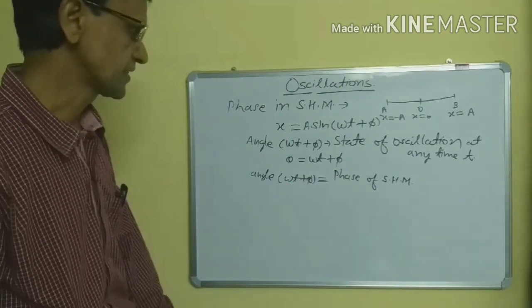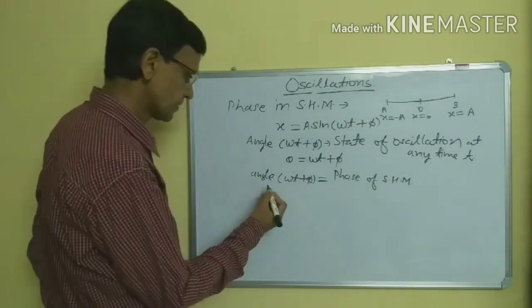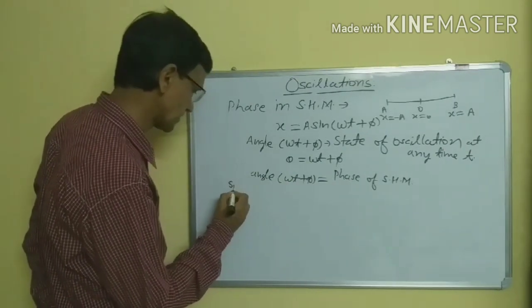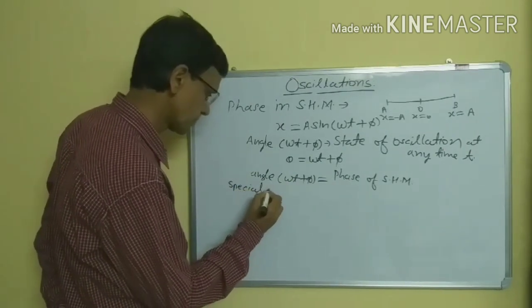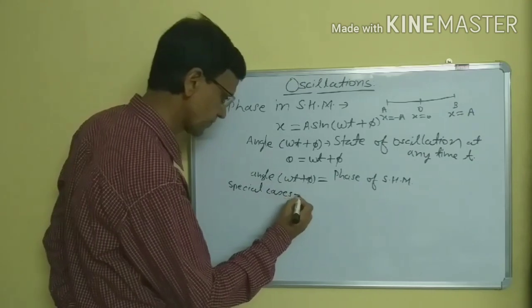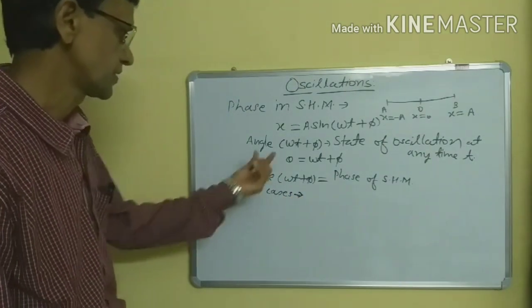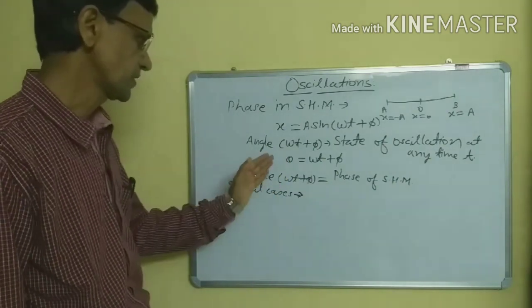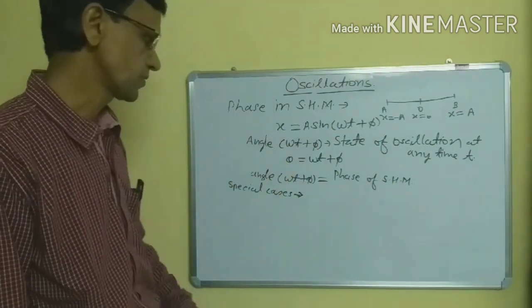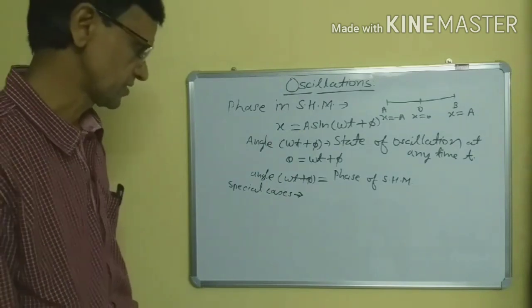We have different special cases for the values of theta. What is the value when theta is equal to 90 degree or pi by 2 radians?